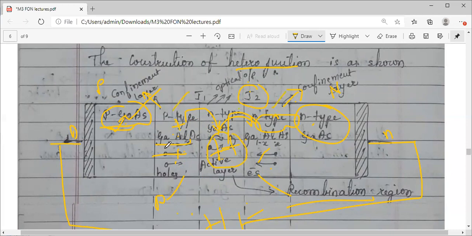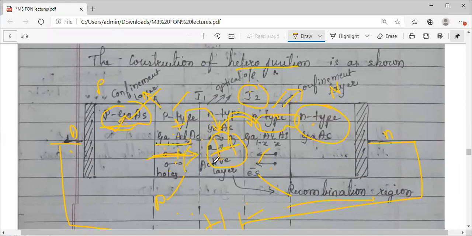This is happening. We are using two different structures here, gallium aluminum arsenide, which is an alloy. Here the majority carriers in p type are holes, because you are connecting the forward bias, positive to positive, repulsion takes place, holes will start moving in the opposite direction, they will repel.